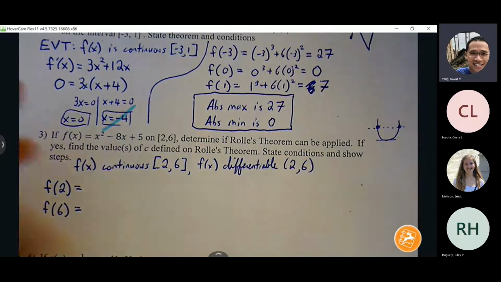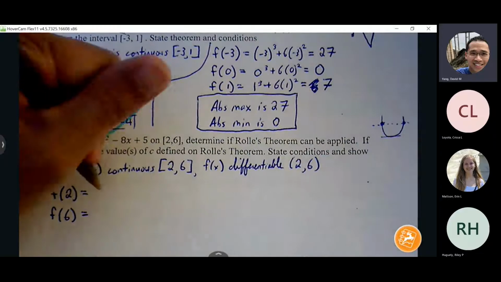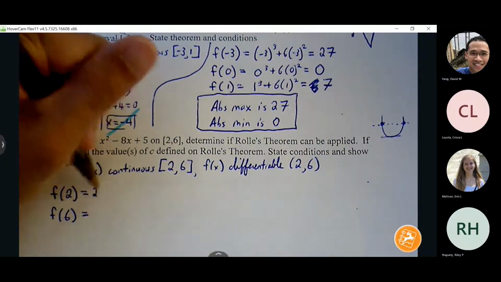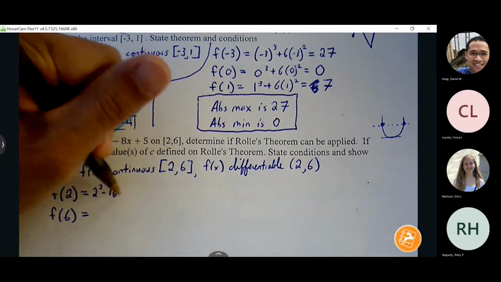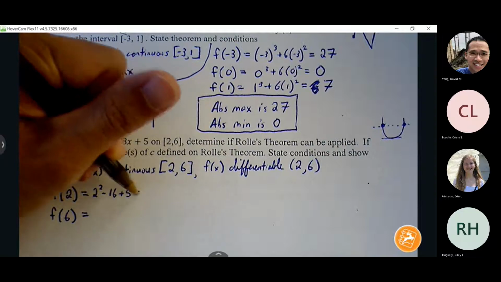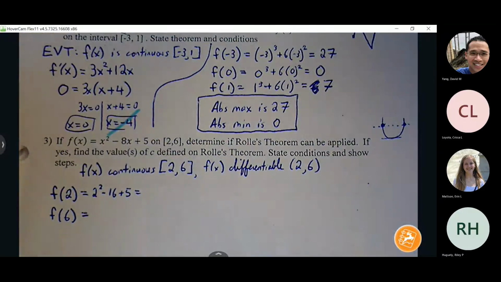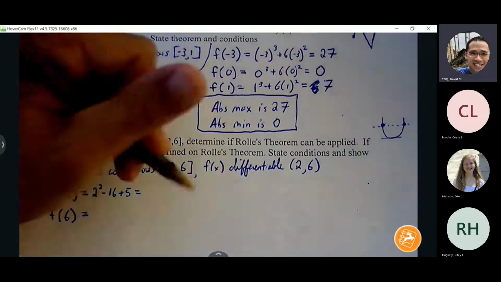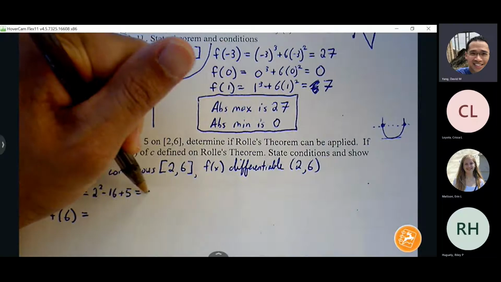Two squared minus 16 plus 5. Yeah, negative 7, right?